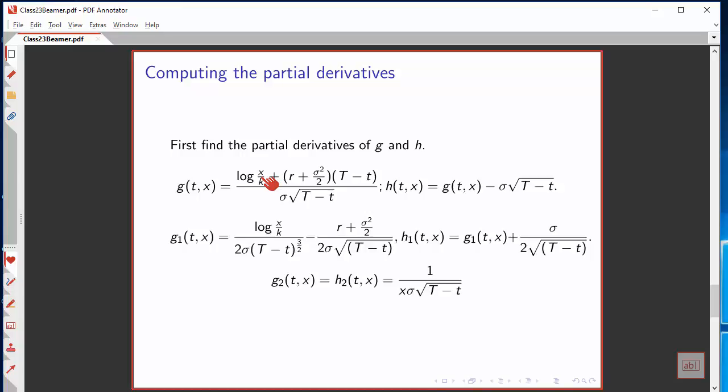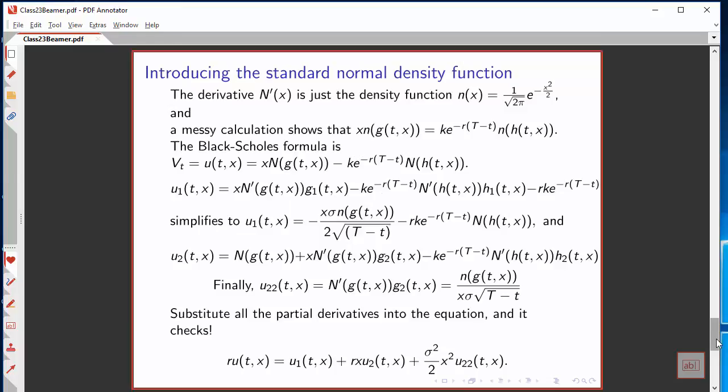So from differentiating that logarithm, I am going to get a 1 over x, and then the sigma times the square root of capital T minus little t shows up in the denominator. Now we've got this normal distribution function.